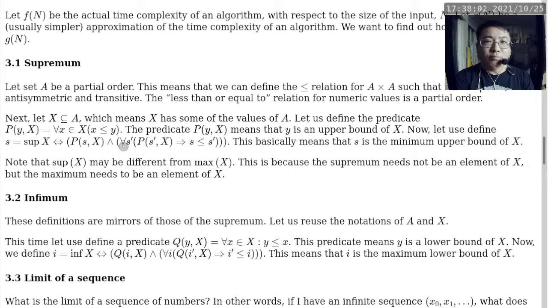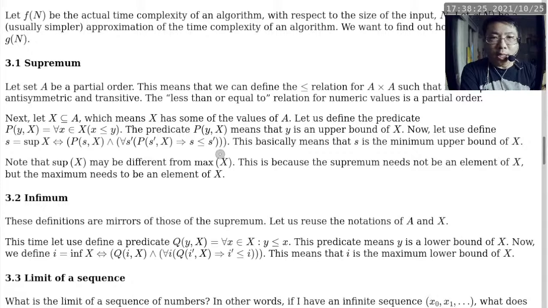The extra requirement is also a universally quantified statement, which is for all s prime. Now s prime has nothing to do with s. I'm just picking another variable name, s prime. For all s prime, p(s prime, x) implies s is less than or equal to s prime.